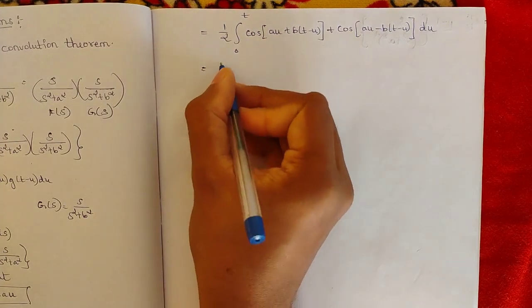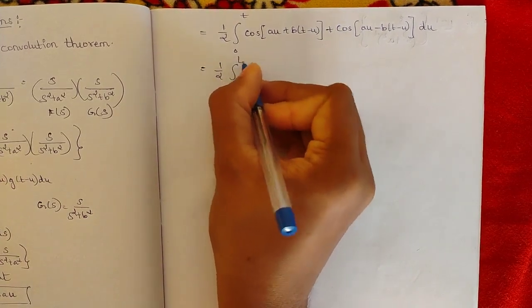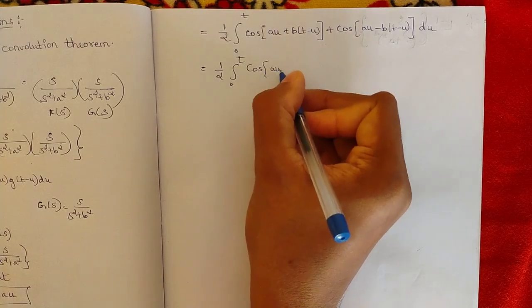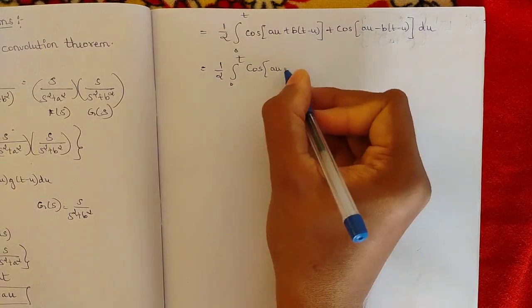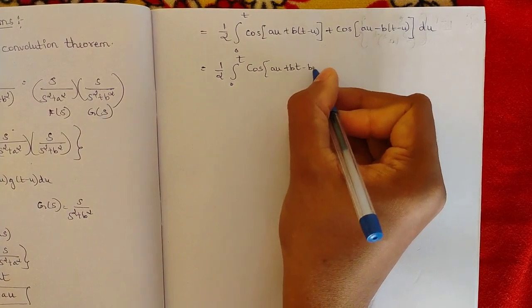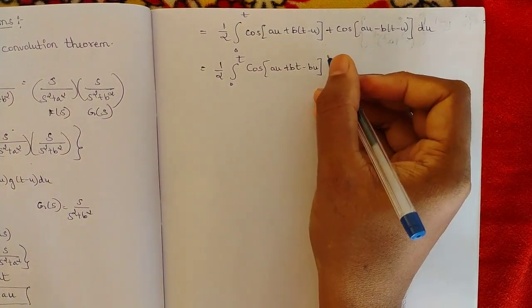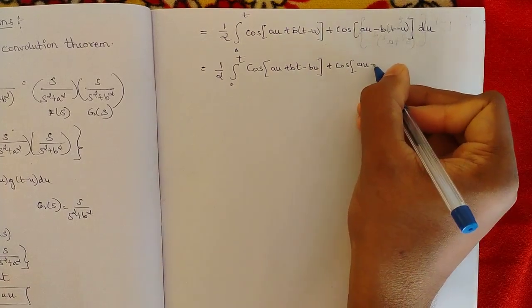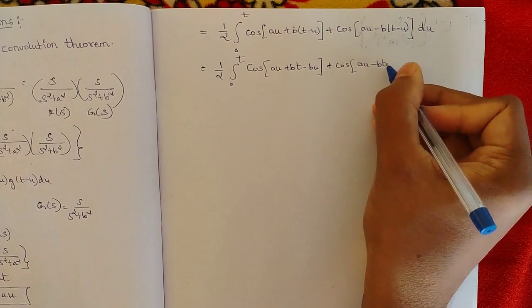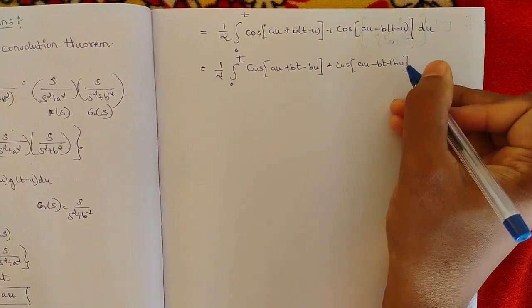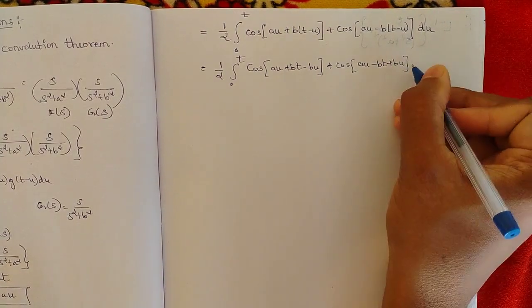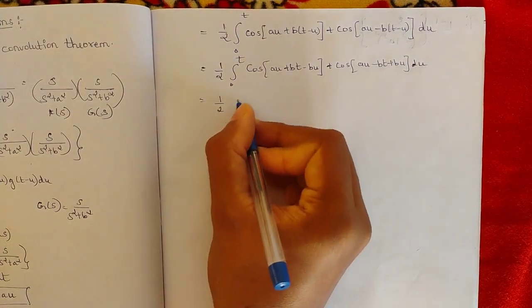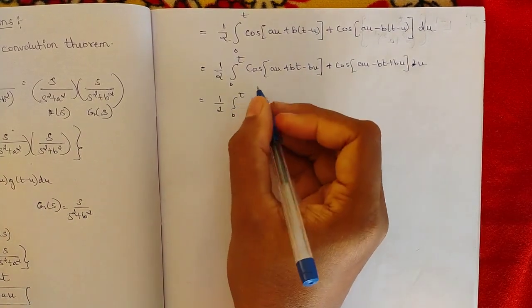Now do the further simplification. 1 by 2 integral 0 to t of cos(au plus bt minus bu), and here we have plus cos(au minus bt plus bu), du.